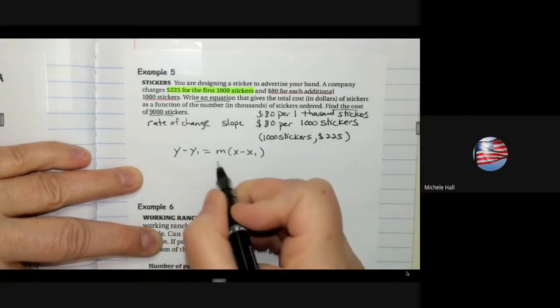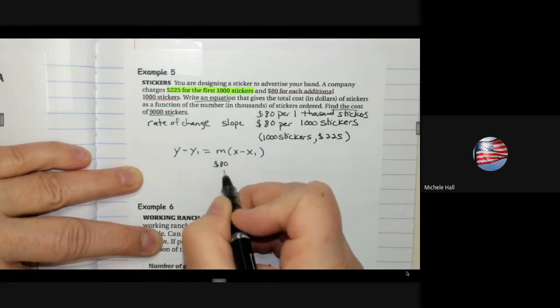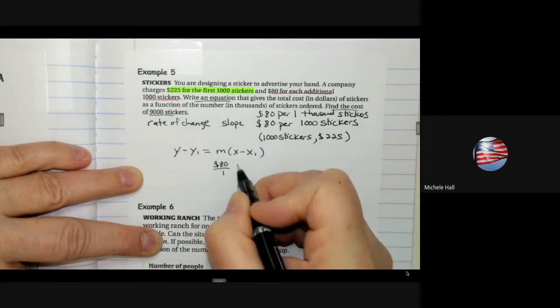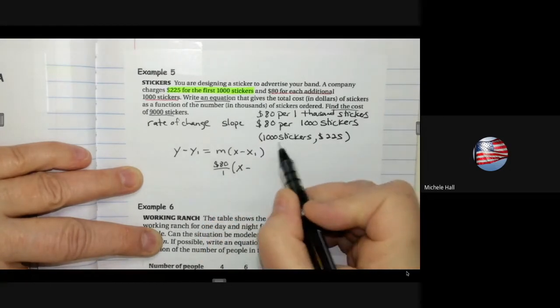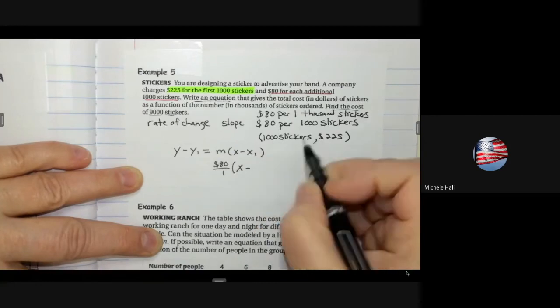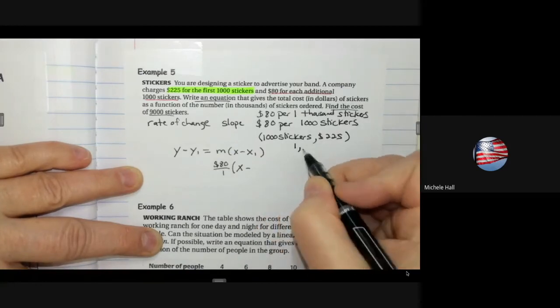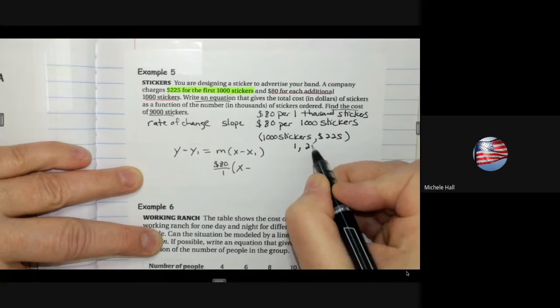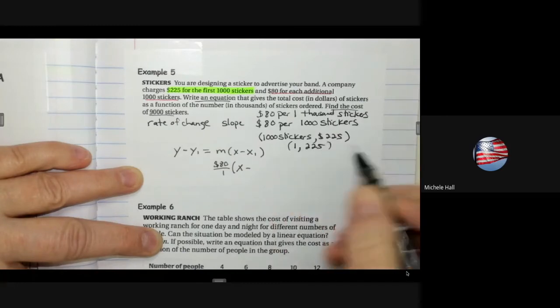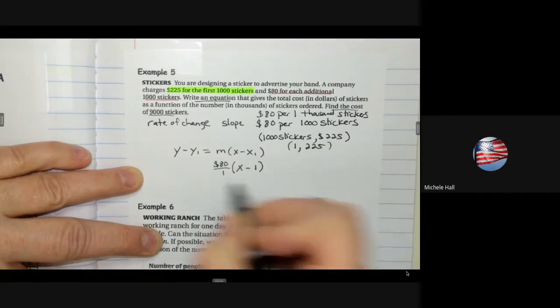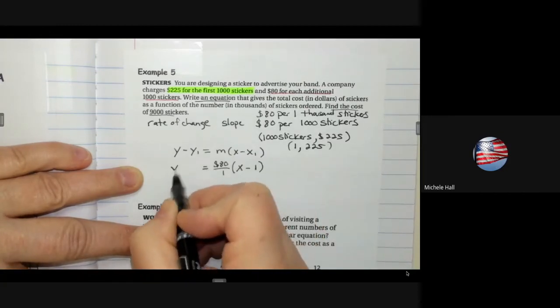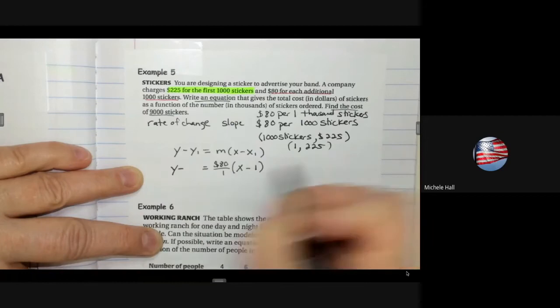So our slope is 80 per 1. And we have x minus x1. Again, we're going to use 1. So this is going to be 1 for stickers and then 225. So our x1 value is 1, x minus 1. And then we have y minus 225.